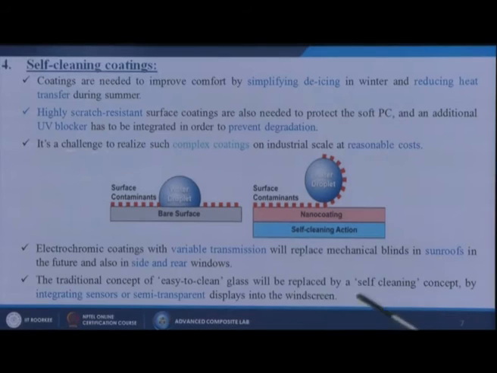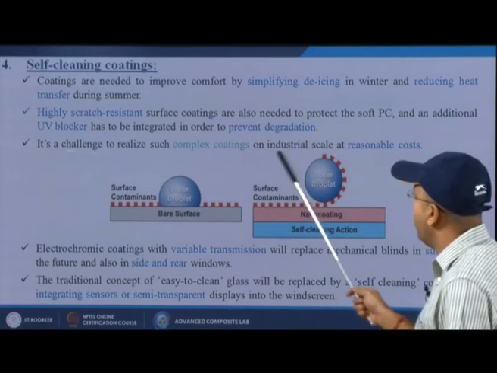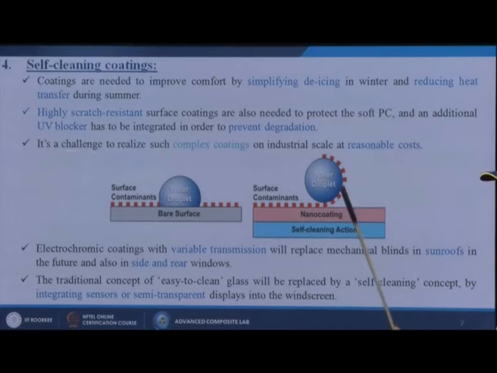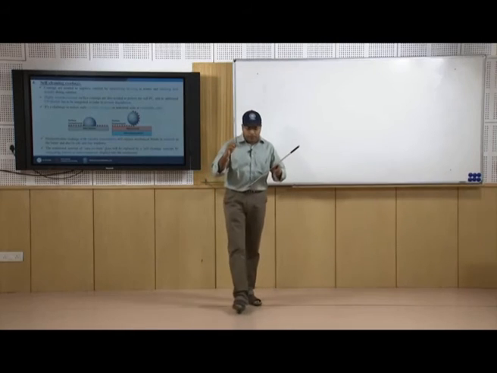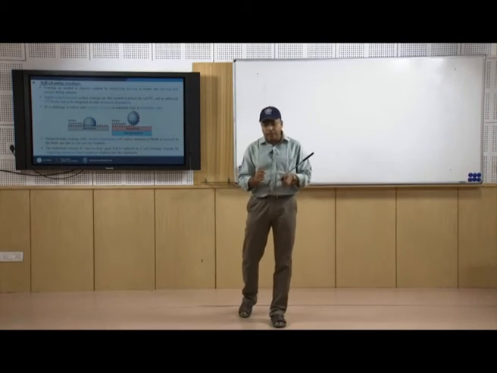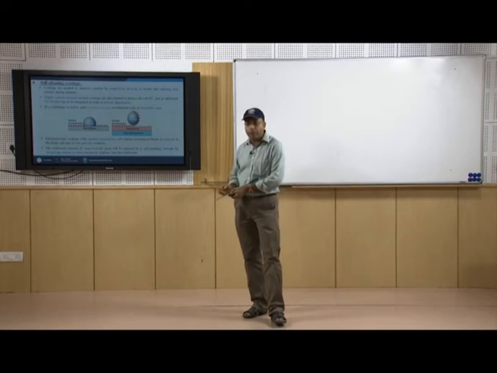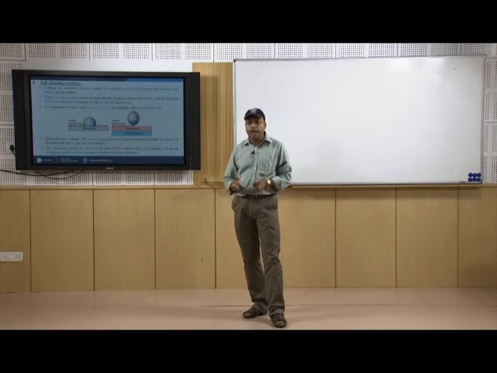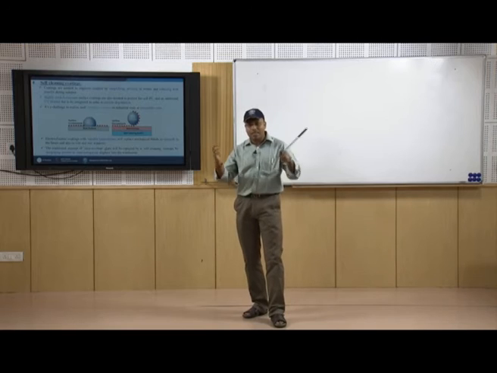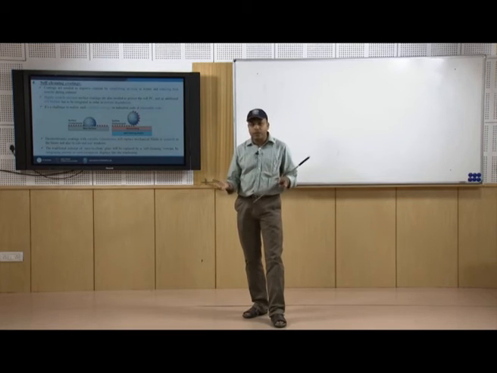Also, it is a challenge to realize such complex coatings on an industrial scale at reasonable cost. Yes, of course, whatever research we do is now in the laboratory, because when you try to do this kind of research on a larger scale, for the industrial site, the cost increases, because for industrial purposes the equipment, the machines, the total utensils are in a bigger size.